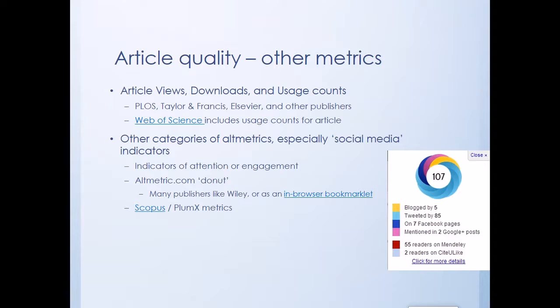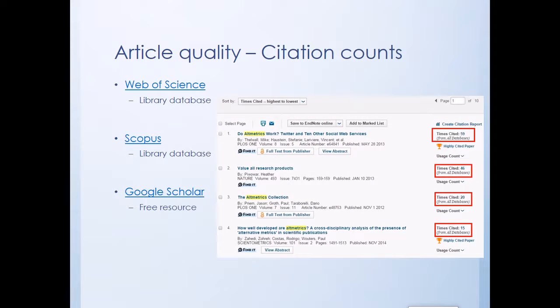And there's a pretty wide variety of those metrics that we can track now, and they're kind of all generally called altmetrics. But starting with views, downloads, and usage counts, Web of Science, the same system that's shown here, has both citation counts and something called usage, which is every time someone clicks to download the full text or download the citation into citation software. And it's a good way, especially if you just published something 6 months ago, to say, I don't have any citations, but I have a usage count of like 53.